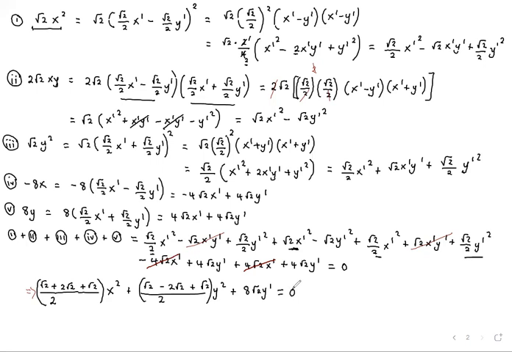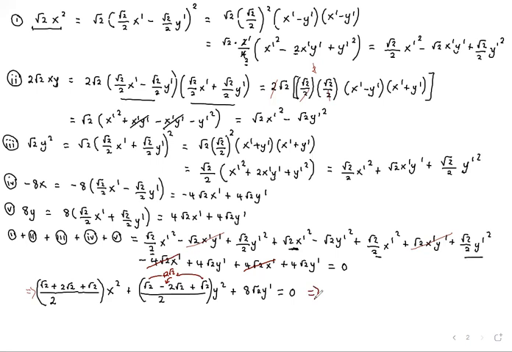But you guys can see that this guy, if you add it to this guy, they will give us a 2 root 2. Subtract this one, you get a 0. So the middle part is 0, in that there's no y term.